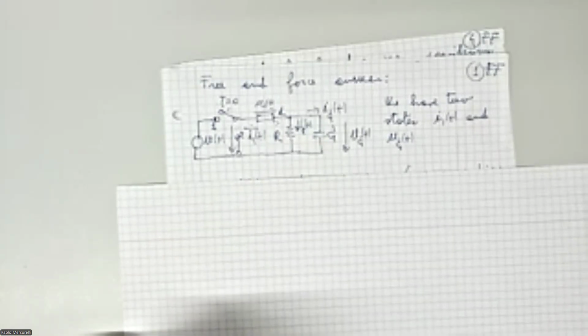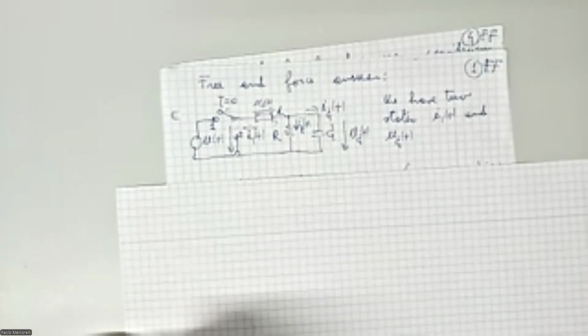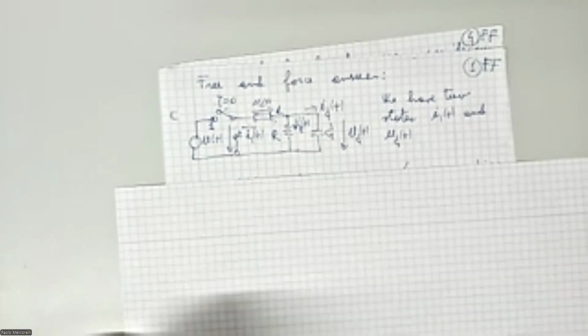But anyway, the principle which is necessary to analyze mathematically the system here is the same. You remember the Kirchhoff law, first Kirchhoff law, second Kirchhoff law, and so on.